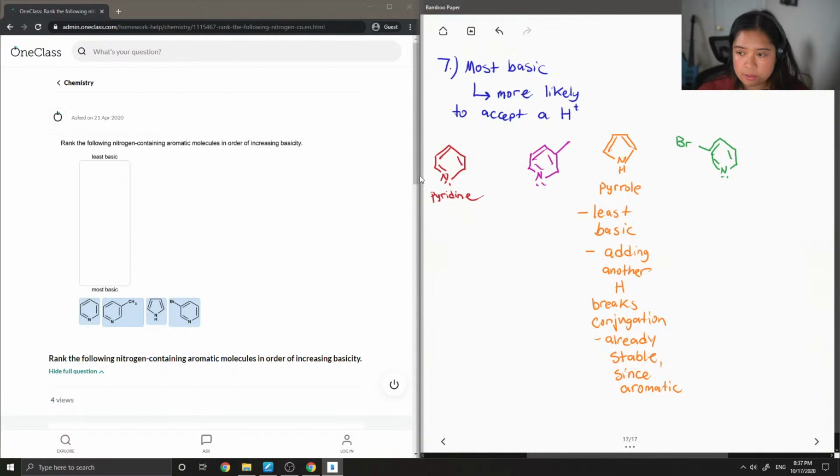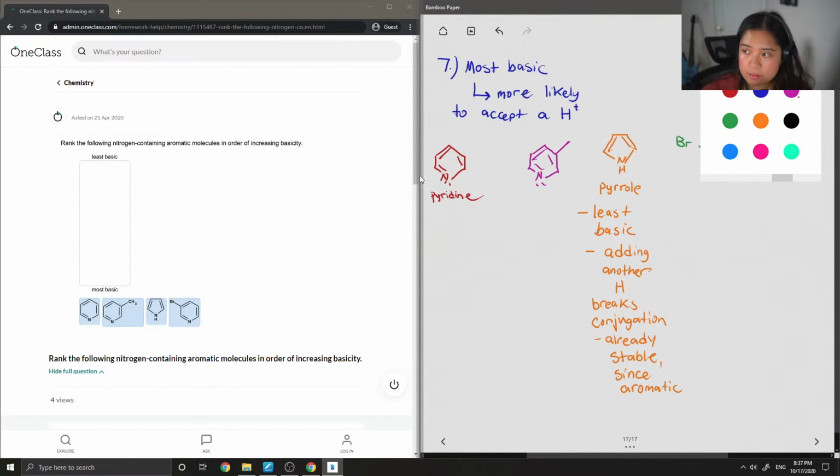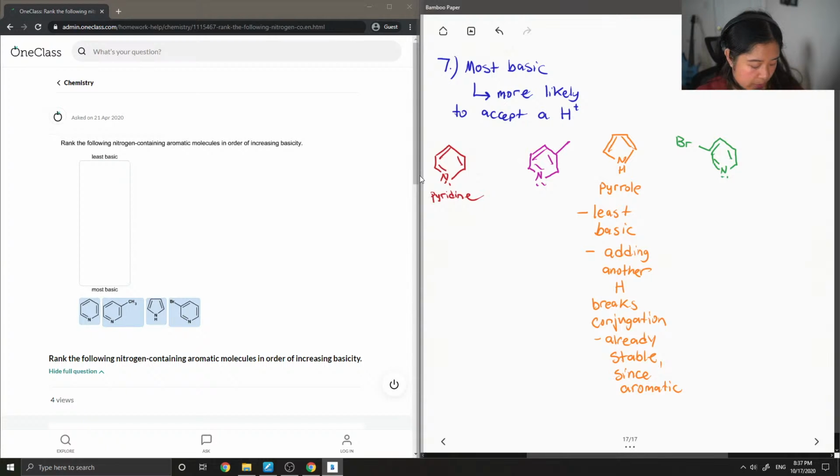Okay, so now I'm just going to look at each of the pyridine molecules that have either a CH3 group or a bromine group. So let's look at the CH3 group first.